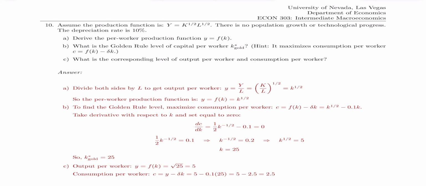B. To find the golden rule level, maximize consumption per worker lowercase c equals a function of lowercase k minus delta times lowercase k equals lowercase k to the exponent 1/2 minus 0.1 times lowercase k. After taking the derivative with respect to lowercase k, setting it to 0 and solving for lowercase k gives lowercase k star gold equals 25. C. Output per worker lowercase y equals the square root of 25 equals 5, and consumption per worker lowercase c equals 2.5.